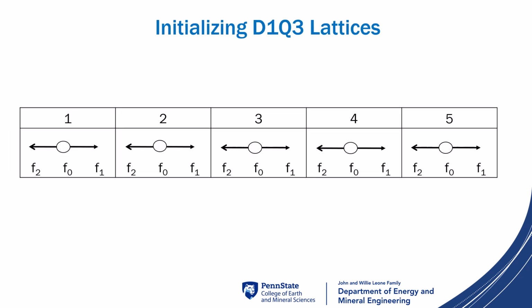In one dimension, the simplest lattice is D1Q3, 3 velocities: -1, 0, +1. Although minimal, it perfectly captures the physics of advection and diffusion in 1D.